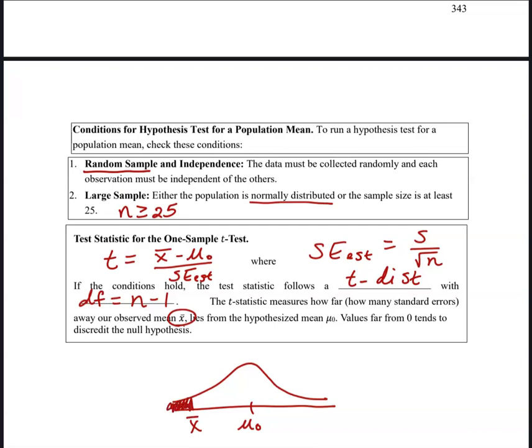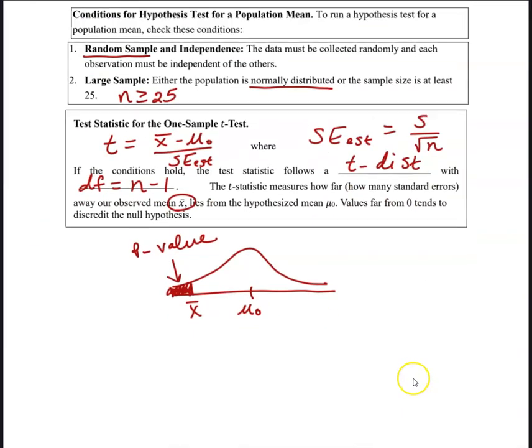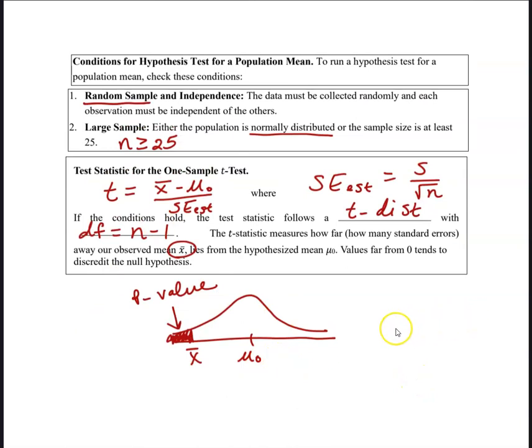And so as far as when to reject the null hypothesis, it still is based on that p-value. If that p-value is small, that leads us generally to reject the null hypothesis, and we still compare it to our significance level. So we're still going to follow the same rules as we had earlier and use that to make our conclusions.